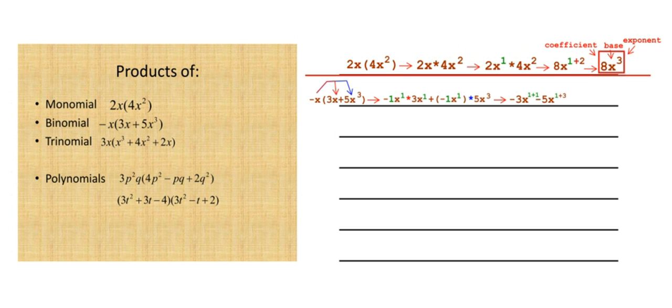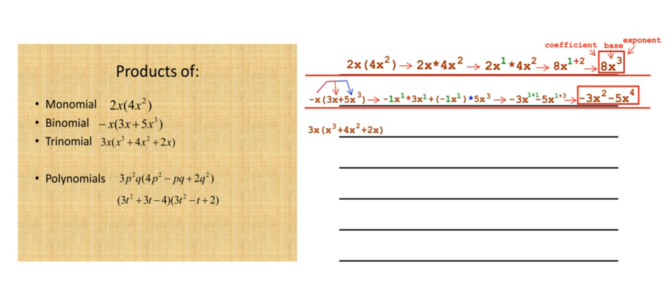So to the power of 1 plus 3. So overall we have negative 3x to the 1 plus 1 minus 5x to the 1 plus 3. And let's simplify this. So we have negative 3x and then 1 plus 1 gives us 2, exponent of 2, minus 5x and then 1 plus 3 gives us 4, so exponent of 4. So our answer, negative 3x squared minus 5x to the power of 4.